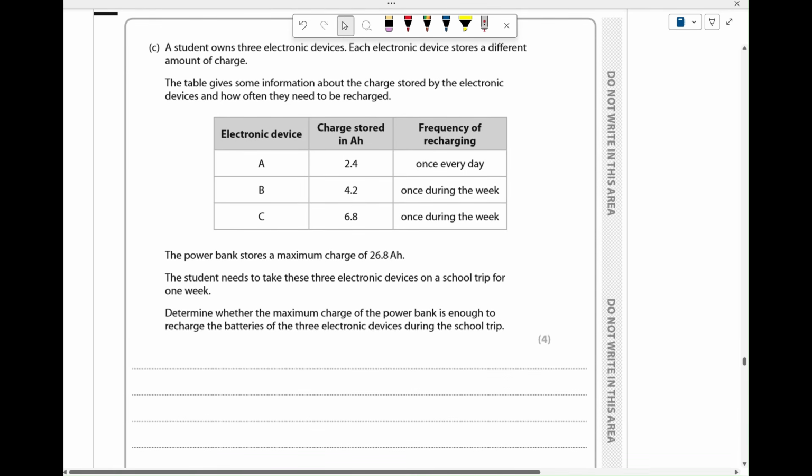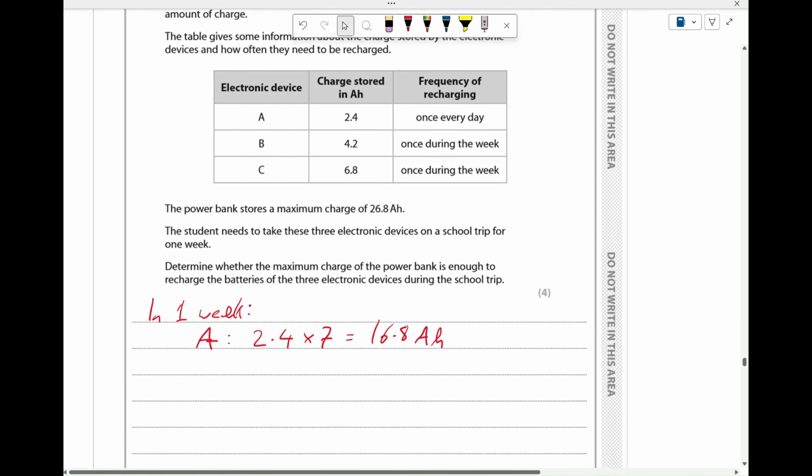So, in 1 week, device A needs 2.4, and you need to charge it every day. So device A needs 16.8 amp hours of charge.